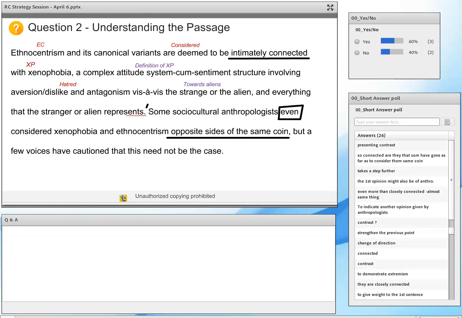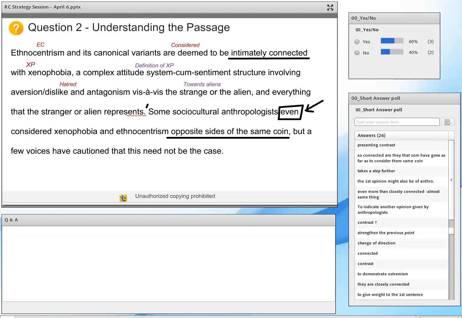Now over here he's saying that there are some people who have taken it to the next level, who are saying, okay, they are not just intimately connected, they coexist. Opposite sides of the same coin always exist together, right? So absolutely right. Even more than closely connected, they're almost the same thing, or they always coexist. That is why the author has used the word even, to show that not just do some people think that they are closely connected, they think that these are coexisting, that if one exists, the other has to exist.